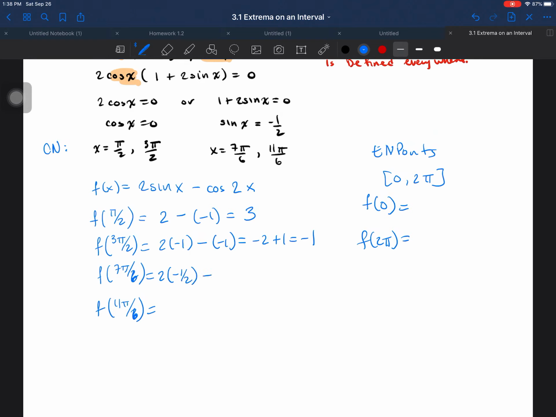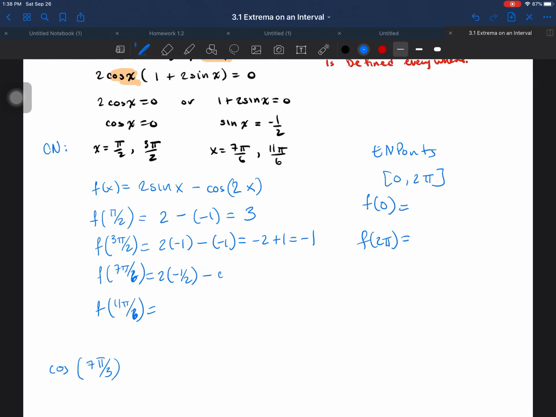Minus the cosine of that will be 7 pi over 3. Let me write it so I can visualize it. So this will be cosine of 7 pi over 3, right? Because the 2 and the 6 will simplify to be a 3.